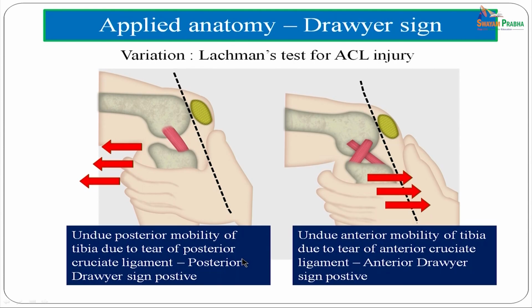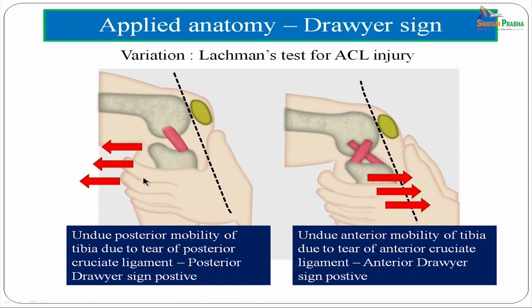Drawer sign is a test which is used to determine the stability and the integrity of the anterior and posterior cruciate ligaments. The patient is usually asked to lie supine on the bed, and his knee is flexed at 90 degrees. The examiner sits gently on the foot of the patient and pushes firmly and pulls firmly on the tibial tuberosity.